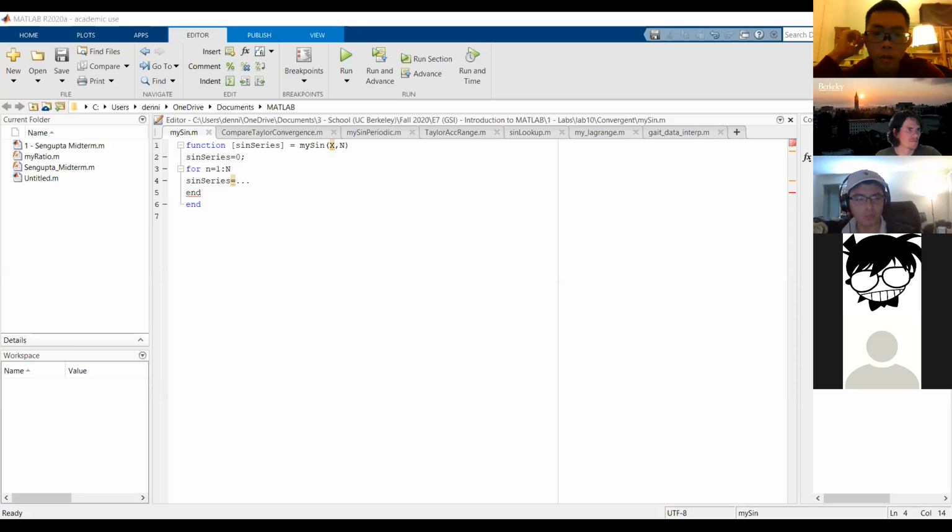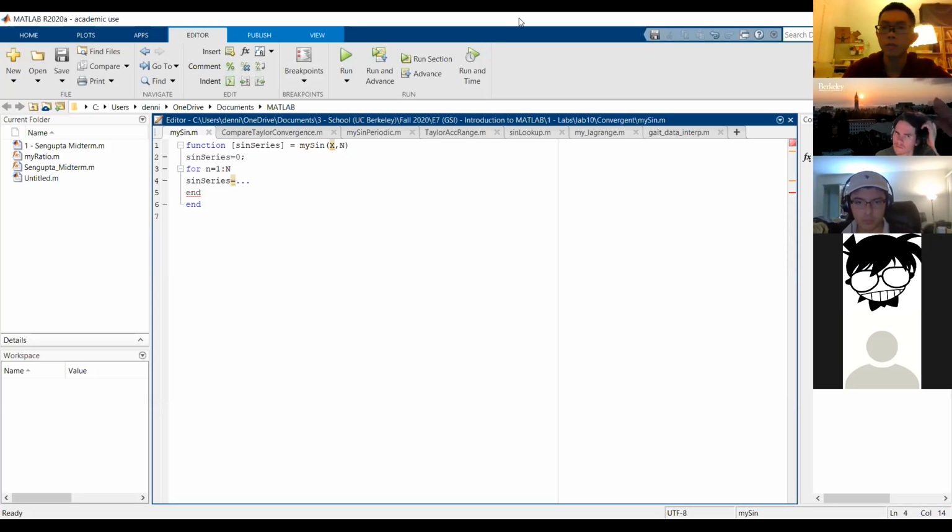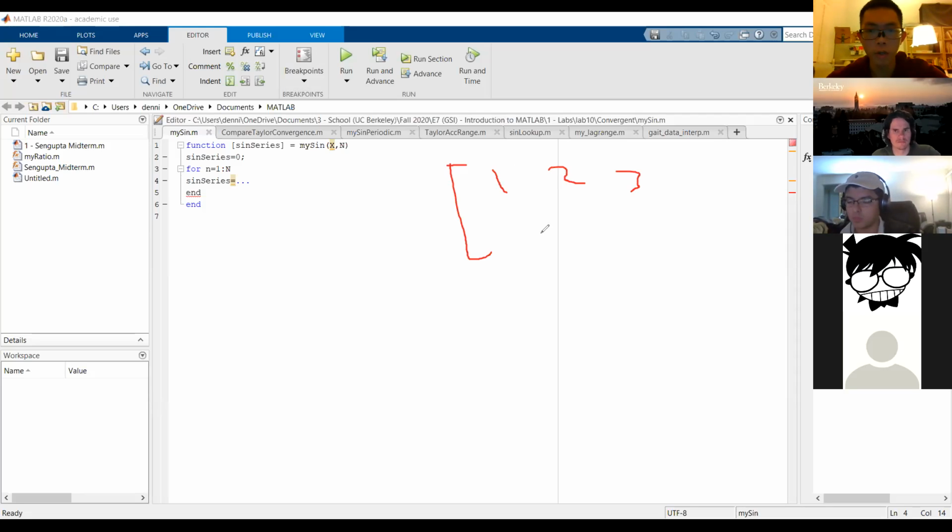And okay, you're trying to compute the nth order Taylor series of sine of each of those numbers in the matrix. So you'll have a matrix of like 1, 2, 3, 4, 5, 6, and then you'll need to be able to take the sine of all of these.